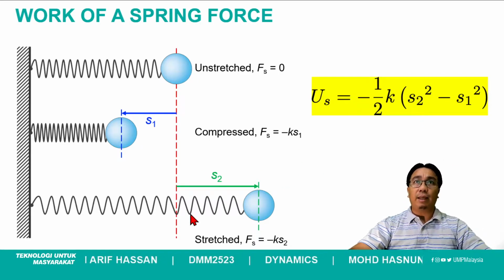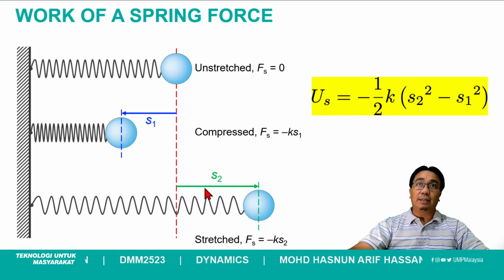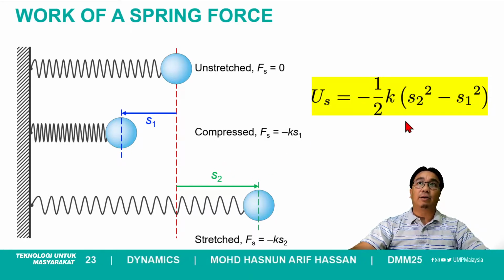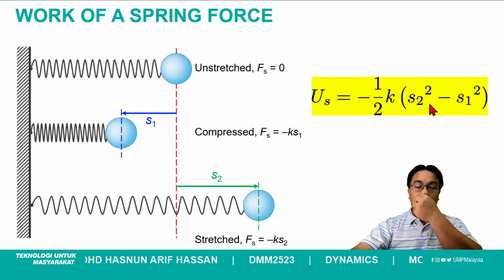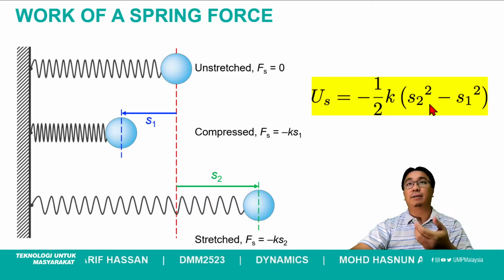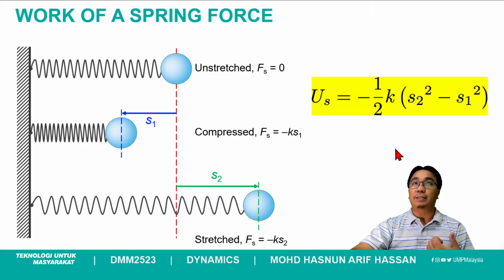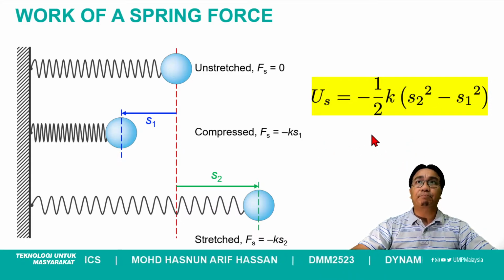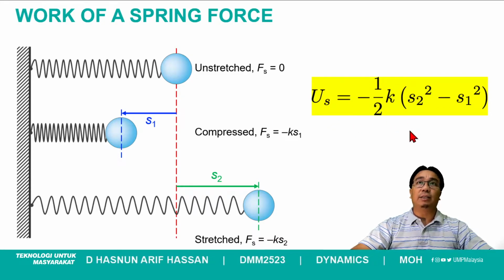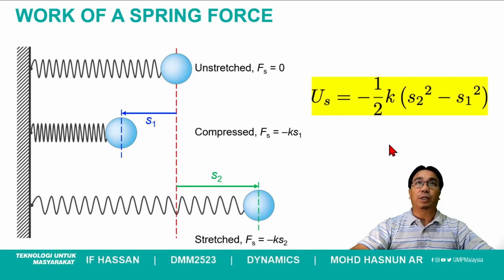Okay. And if it is stretched, it will become the elongation. Okay, the elongation. So position number 2 depends on the situation, whether the spring is being compressed or the spring is being stretched. Alright. So this is the formula. Unit is also joule, unit of work done by a spring.